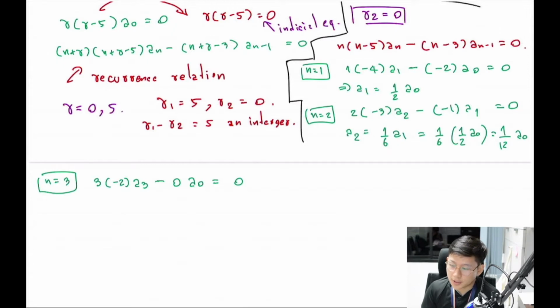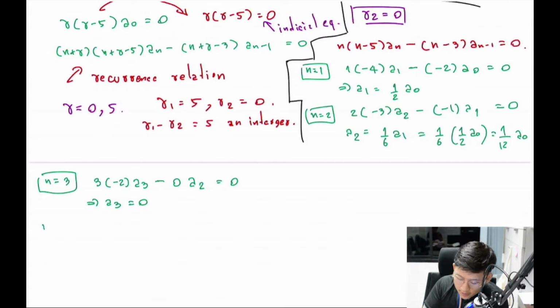Okay, minus 0, minus 0 a2, not a0, equals 0. Okay, so we have that a3 is actually 0.